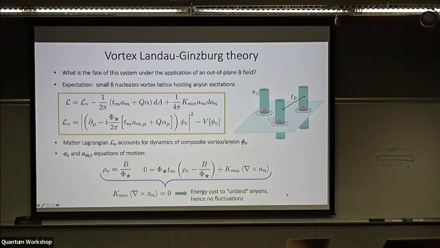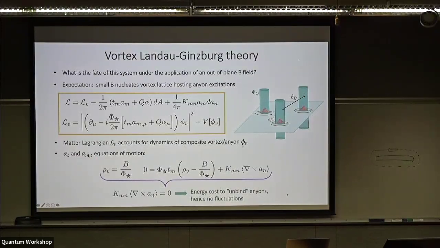We can check that this theory makes sense. If we look at the equations of motion for little alpha, that's telling me that the density of these vortices is set by the magnetic field. That's what we want. We want to apply a magnetic field, and it's essentially nucleating the vortices. It's, quote unquote, a chemical potential for the vortices.